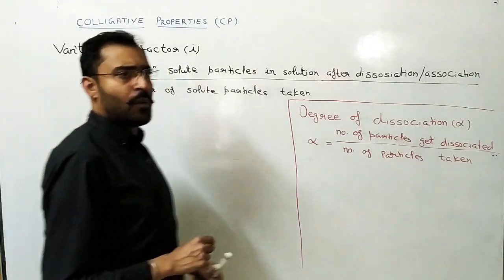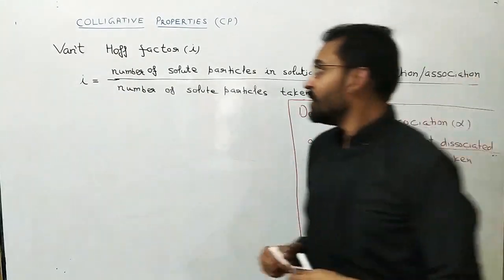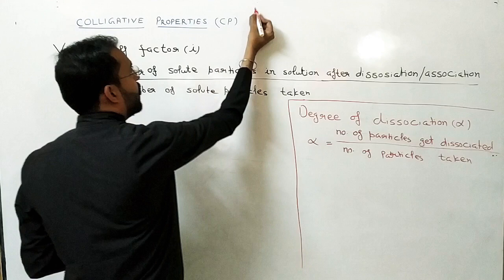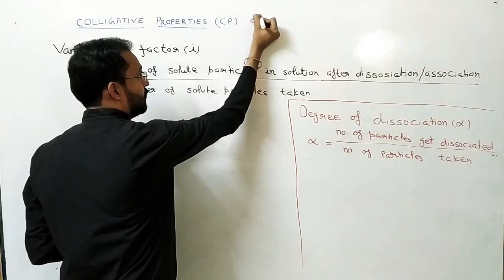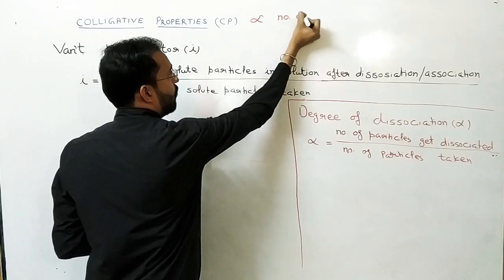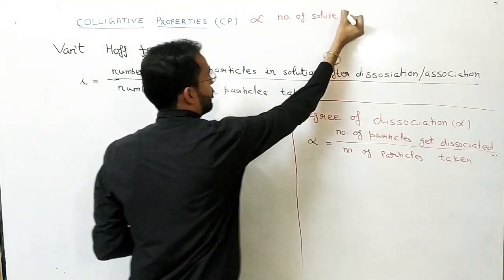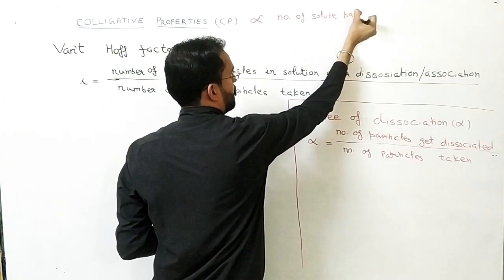Colligative properties are the properties of solutions which depend upon the number of solute particles. Remember this: the number of solute particles in solution.